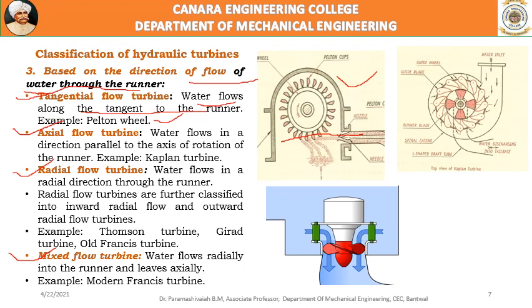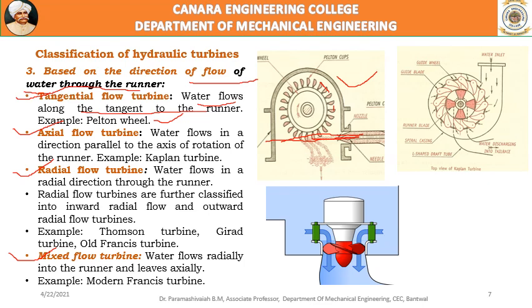On this rotor, on the periphery, there are cups or blades, and water flows and strikes the cups and makes the rotor rotate. The flow of the water is along the tangent to this rotor. So such turbines are called tangential flow turbines, in which the flow of water is along the tangent to the rotor. An example is the Pelton wheel.